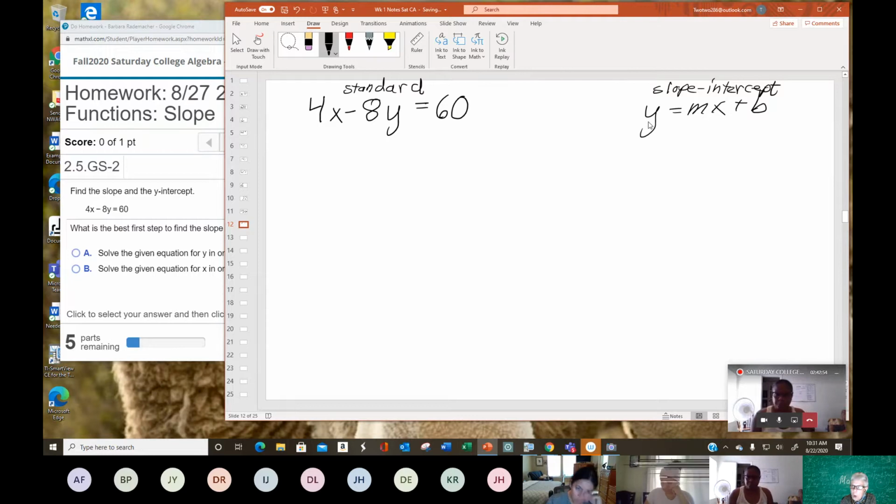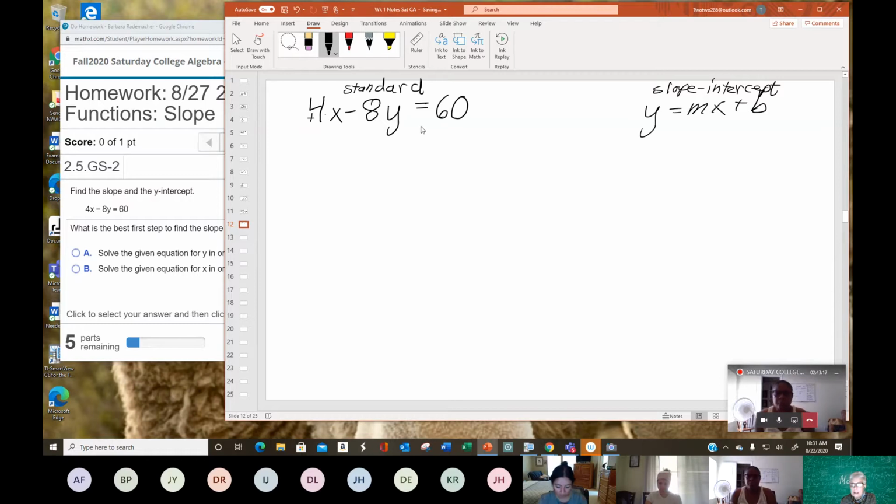And notice that we have the y on the left and the x's and other stuff, technical term, on the right. So notice that the term 4x is positive. The term 8y is negative because it has a negative sign in front of it.